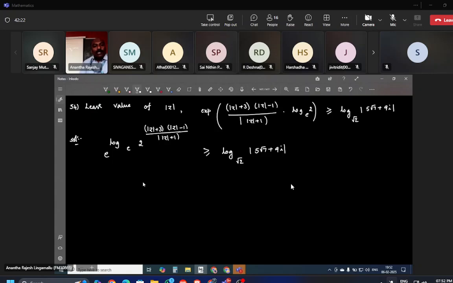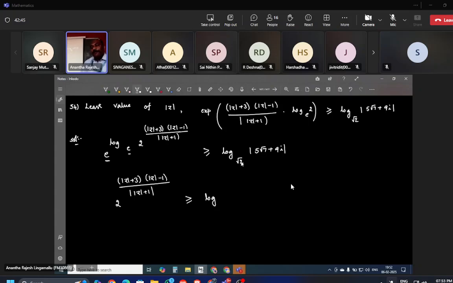So when this e and this e match, what happens? This entire thing will come out. So this is 2 to the power mod z plus 3 into mod z minus 1 by modulus of mod z plus 1, greater than or equal to log of this, with root 2.